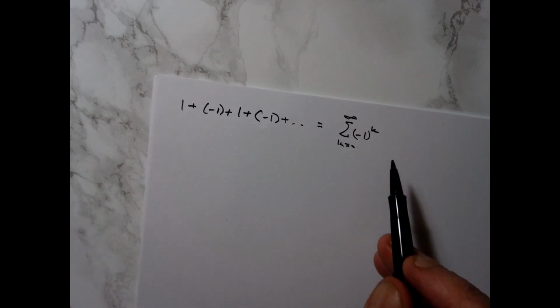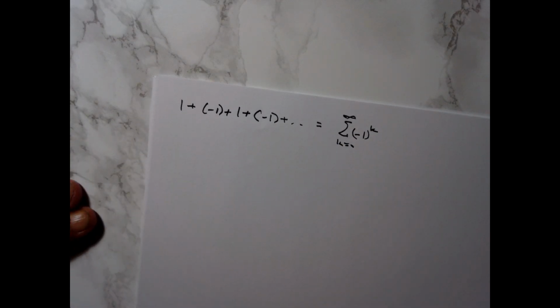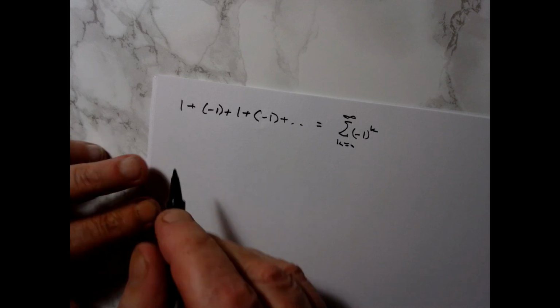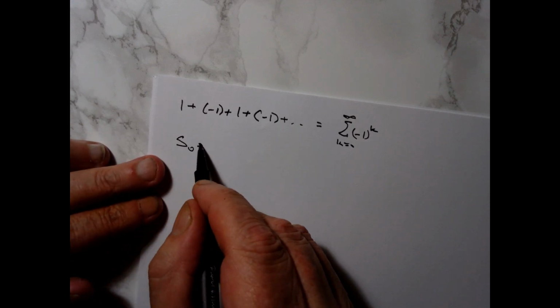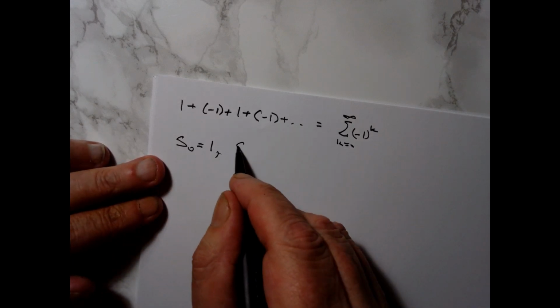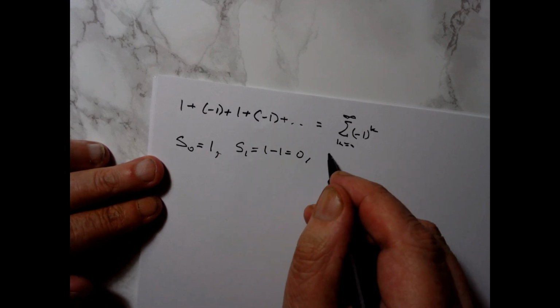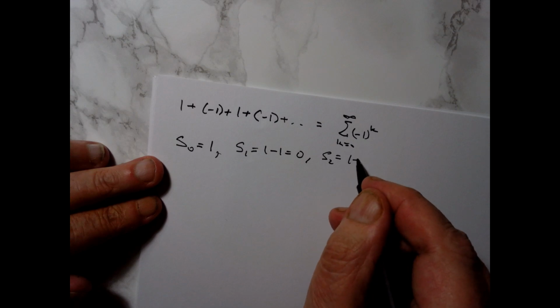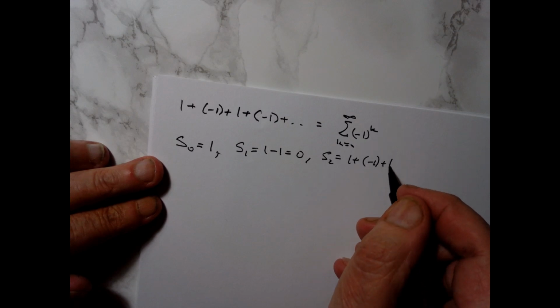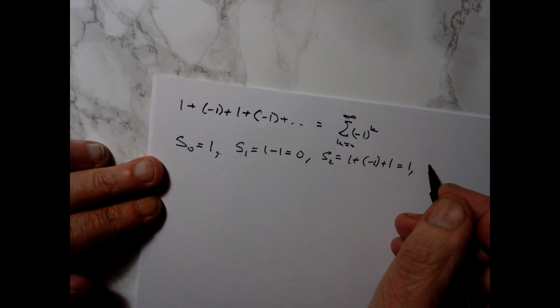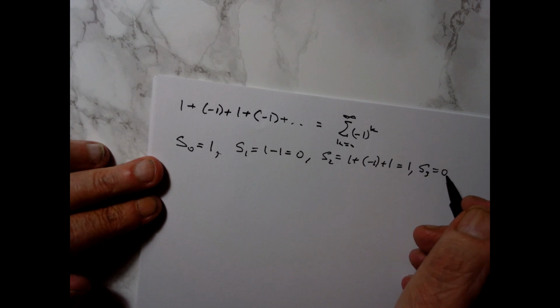So now what is my S0? My S0 is equal to 1. My S1 is equal to 1 minus 1, which is 0. My S2 is 1 plus minus 1 plus 1, which is 1. My S3 is equal to 0, etc.